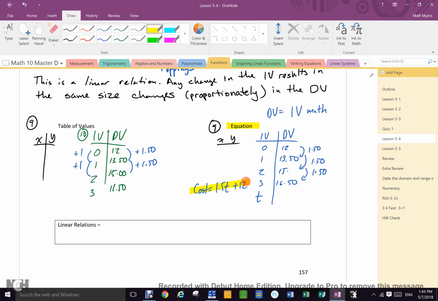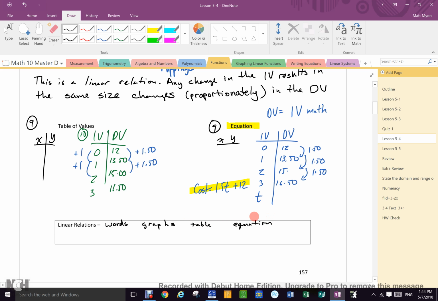All right. Linear relations now, you should be comfortable with writing them in how many ways? 4. What are they? Words, graphs, what else? Charts, T-chart, table of values, whatever you want to call it. A table and an equation.